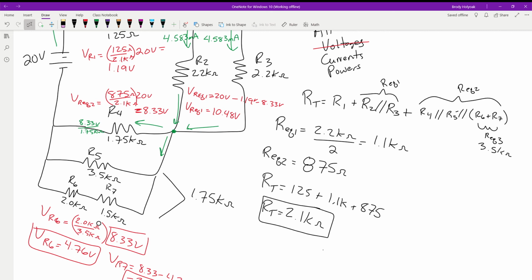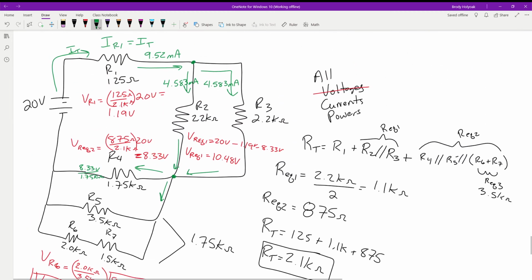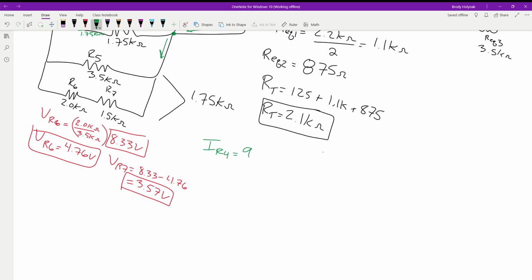Well, no, it would be, for current divider, let's say IR4, using current divider, we're going to take the 9.52 milliamps, multiply it by 875 over the 1.75K.